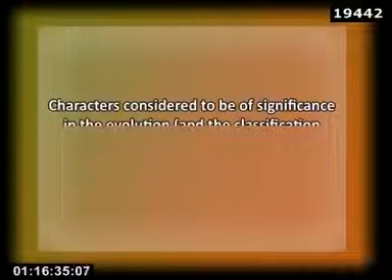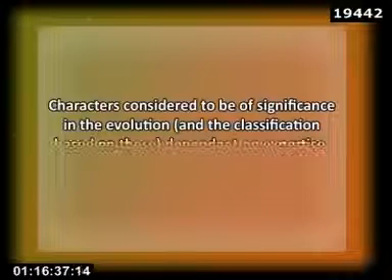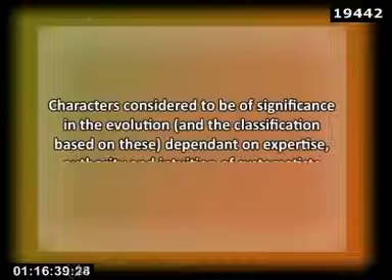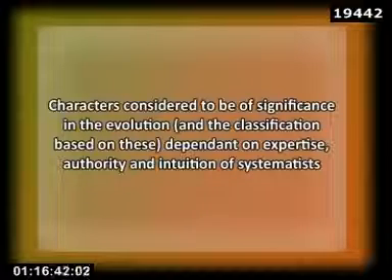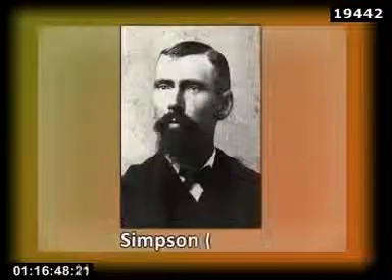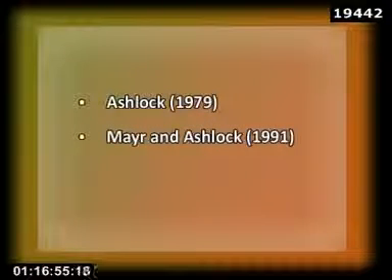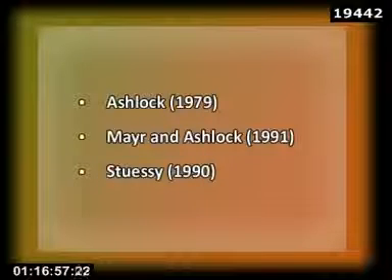The characters considered to be of significance in the evolution, and the classification based on these, are dependent on experts, authority and intuition of systematists. Such classifications have been advocated by Simpson 1961, Ashlock 1979, Mayr and Ashlock 1991 and Stuessy 1990.